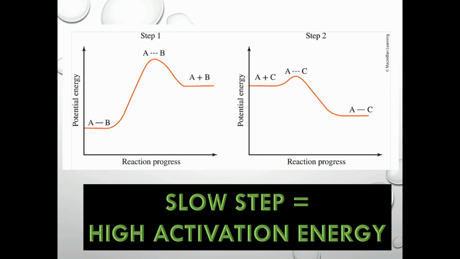So slow step, high activation energy, that is what's determining my rate law. So if that's the case, my rate law for that reaction was rate equals k times [AB]. Despite the fact that my stoichiometry is AB plus C, my rate is determined only by AB falling apart.